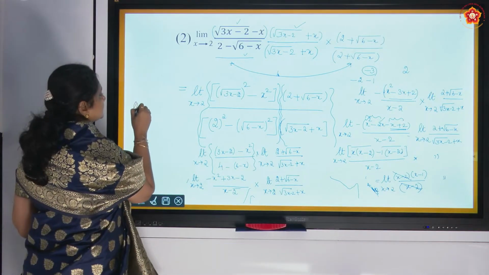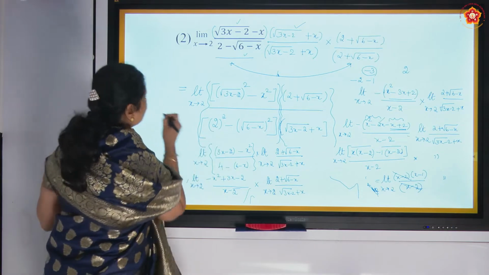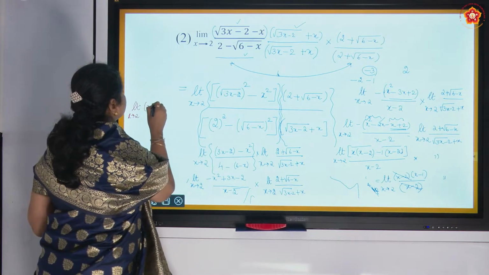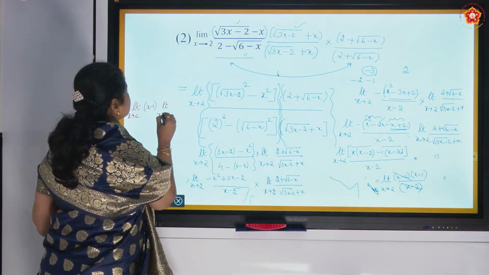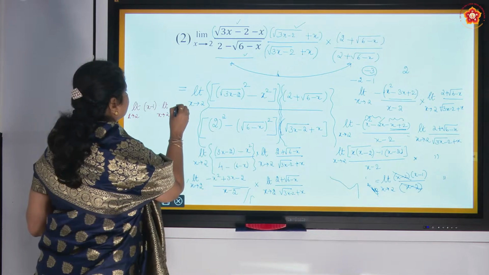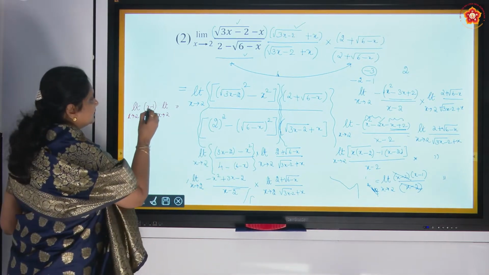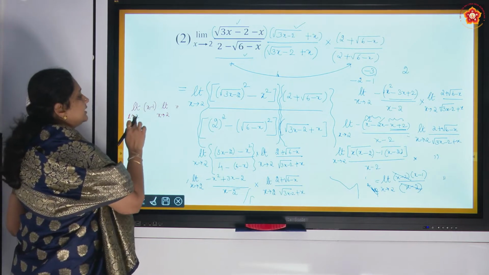So it's limit x tending to 2. I'm just left with x minus 1 and then into limit x tending to 2. I'm left with the other function there. Let me rewrite it a little later. First, let me substitute this particular limit here. So x takes the value of 2.